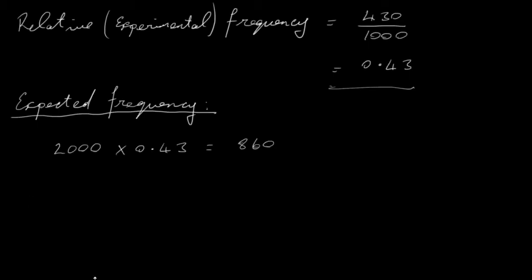So for example, let's go with rolling a die. Say for example you're going to roll a die, and we're going to roll it, let's say 500 times.